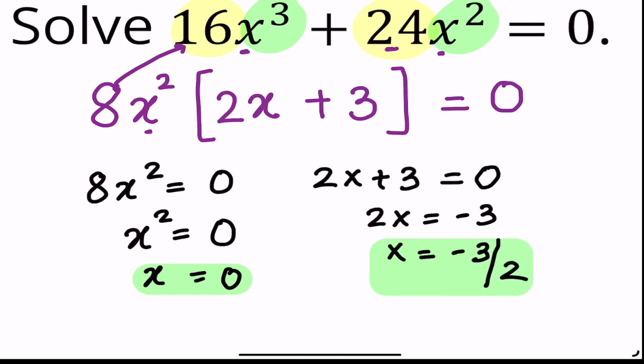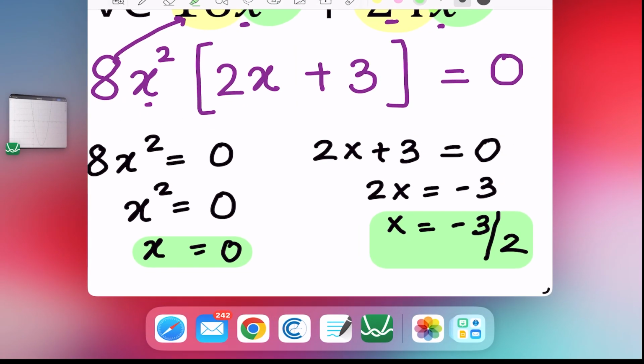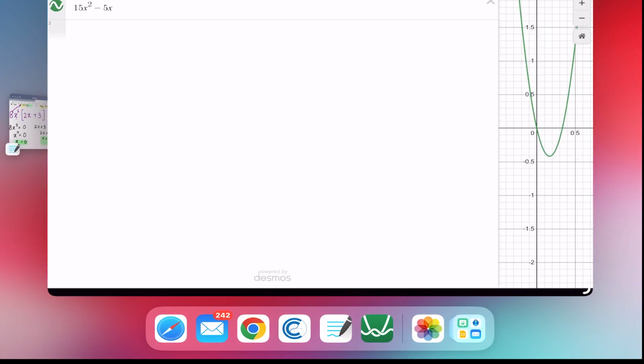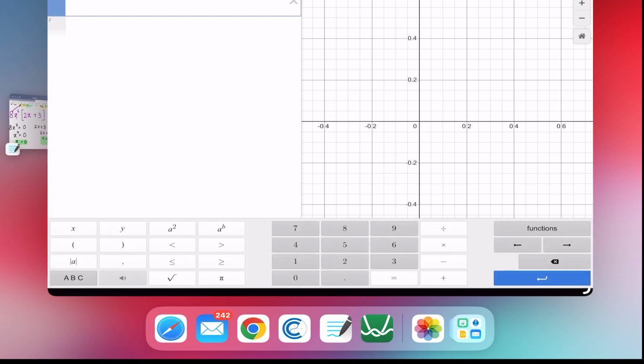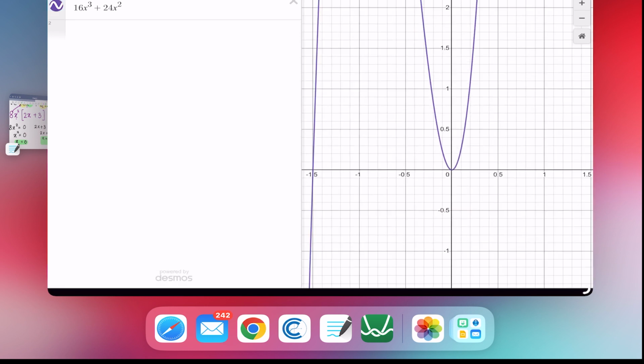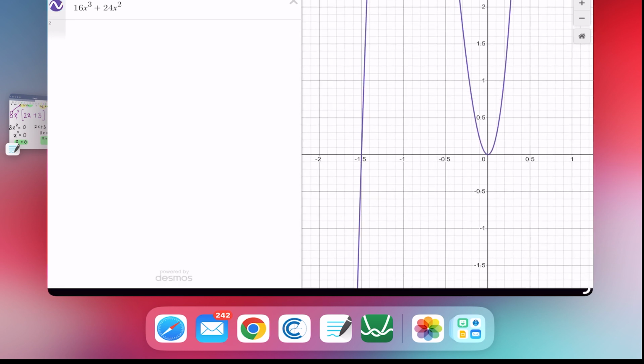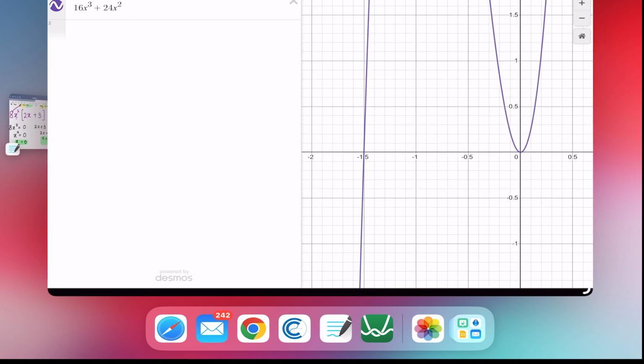Now let's see if that's what I have in my Desmos. So I'm going to go back here, close this, and plug in my Desmos. I had 16x cubed plus 24x squared. And again, if you look at it, I only have one. So zoom out. This is a cubic function. You're going to have one going up and one going down.